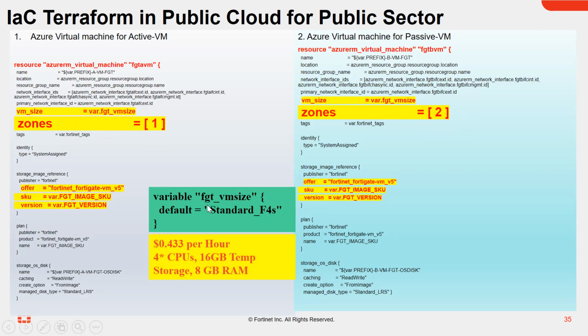In terms of this VM size, as I highlighted earlier, Standard F4s is subscribed from this Azure public cloud here. This is a very straightforward and simplified deployment. If you want to have a deep dive session, I can come back to you to look into the source code in GitHub.